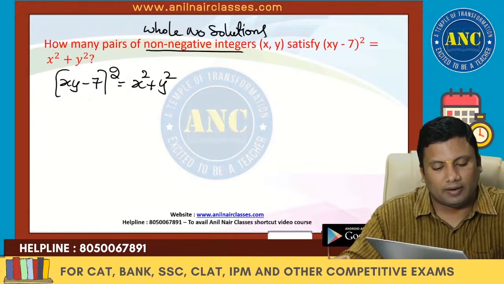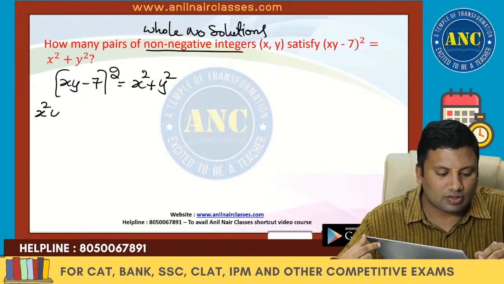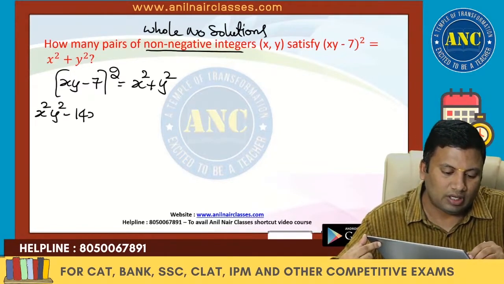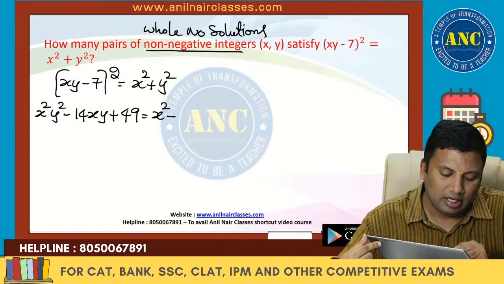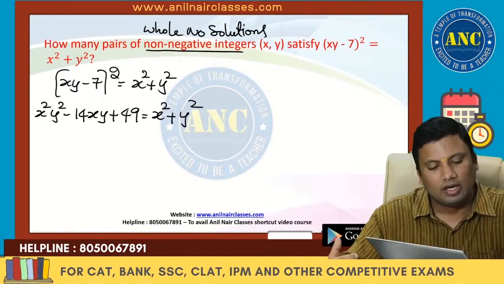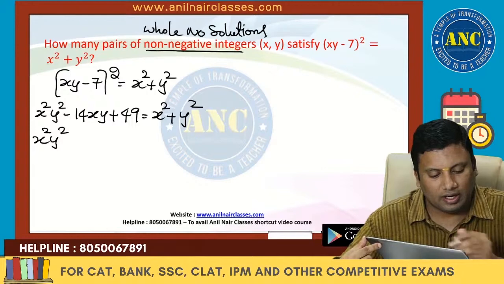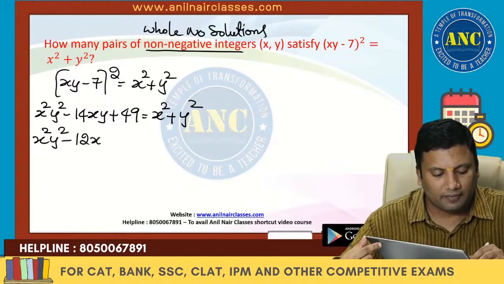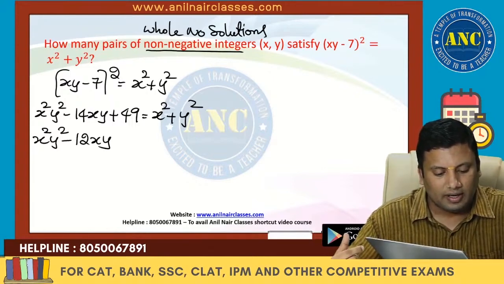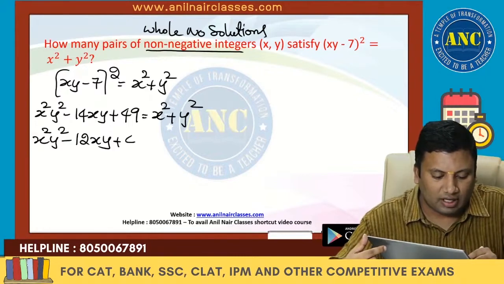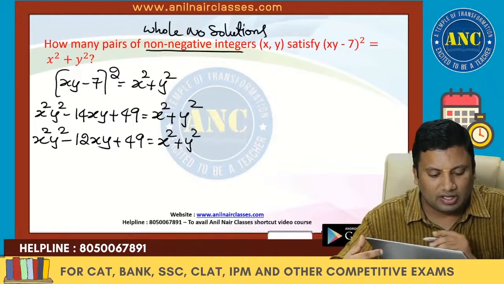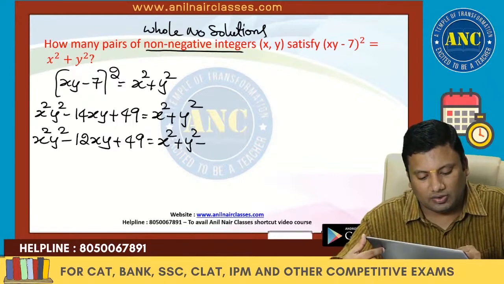Now if you observe, open the bracket: x square y square minus 14xy plus 49 is nothing but x square plus y square. So this is x square y square minus 12xy plus 49, which is x square plus y square plus 2xy.